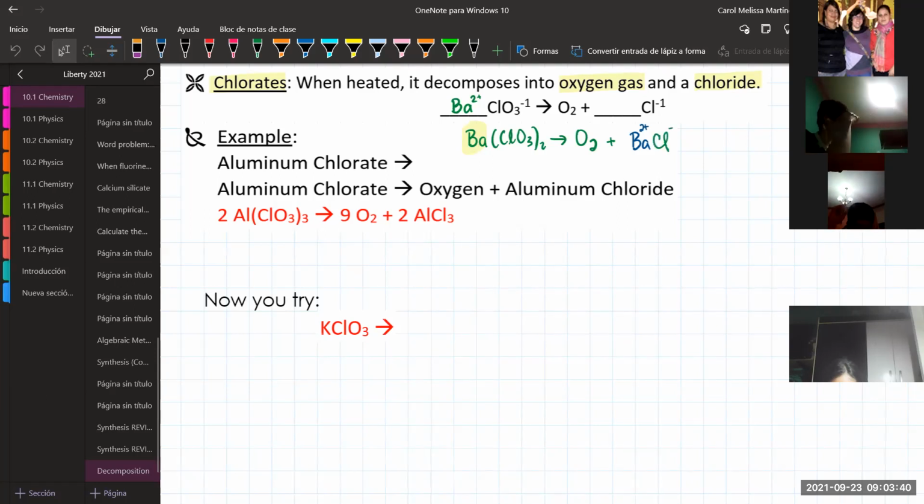Okay, I crisscross the charges that are different than 1. So this 2 is coming down. I delete the charges above, and that will be my product.